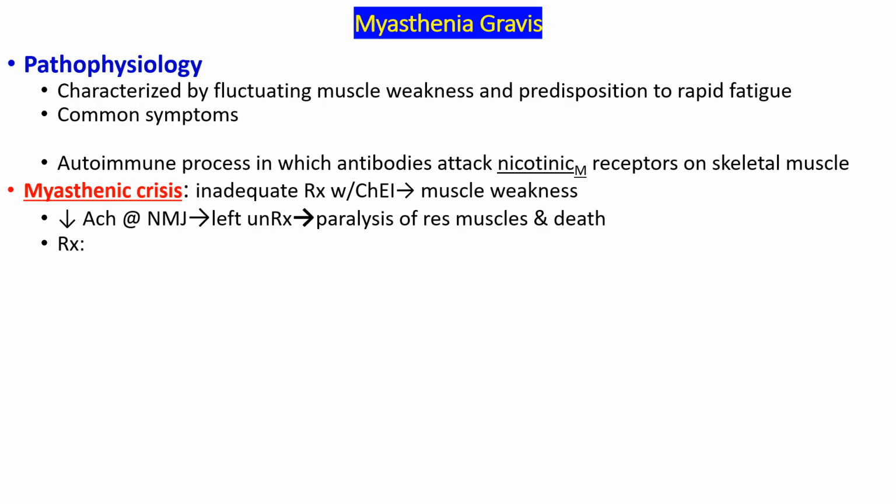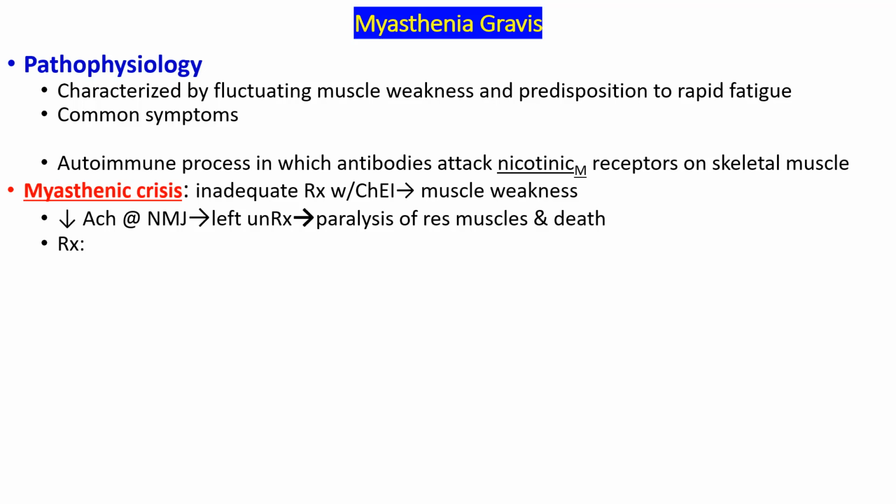The medications to treat myasthenia gravis, MG, are cholinesterase enzyme inhibitors, drugs that inhibit the activity of the enzyme responsible for the degradation of acetylcholine. So when the patient receives an insufficient amount of this drug, it will result in muscle weakness.